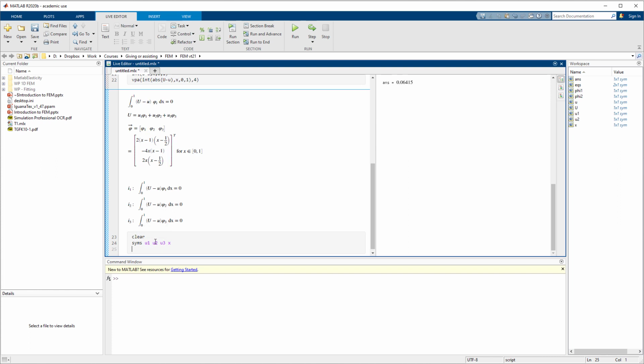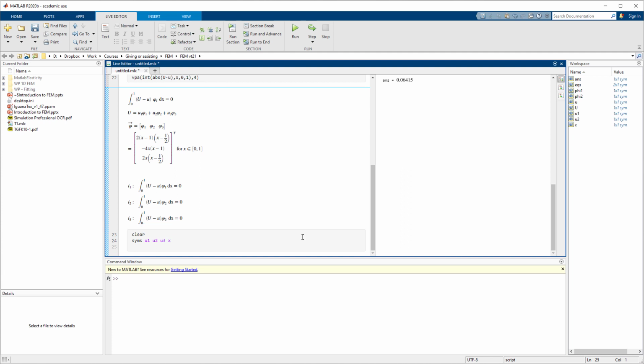this is what we will have now, and we will formulate our u, which will be, well, we need the basis functions first. So I'm going to do it like this.